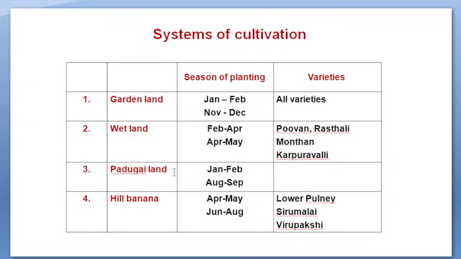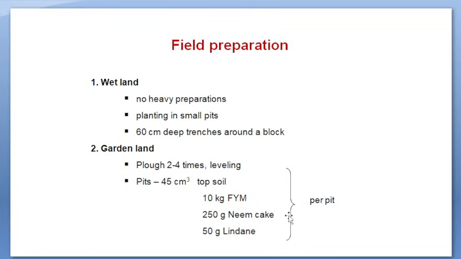Padugai land, after a paddy crop, we can select any of the varieties. Hill banana, like Lower Palani Hills, Sirumalai, Virupakshi, are suitable for the higher altitudes, that is 2000 meters above mean sea level.